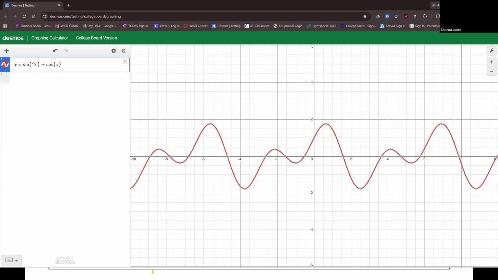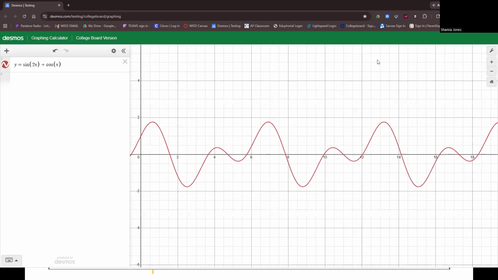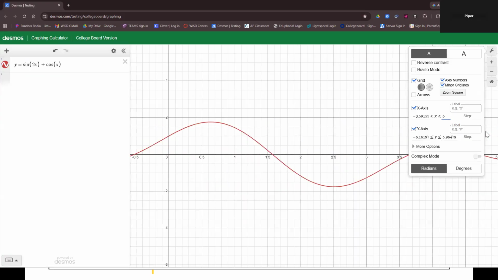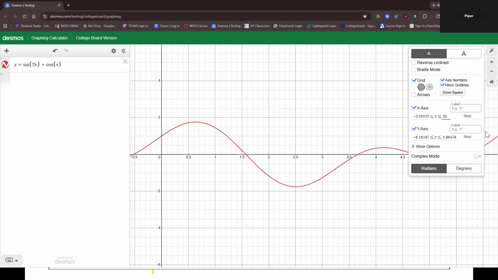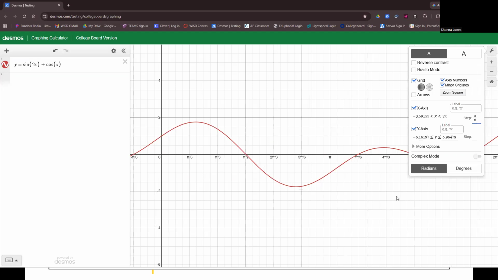All right. I'm going to adjust my window because I only want to look from 0 to 2 pi. So I'm going to go over here and adjust this. Hopefully that's it. 2 pi. And then I'm going to count by pi over 6 so I can get all parts of the graph.